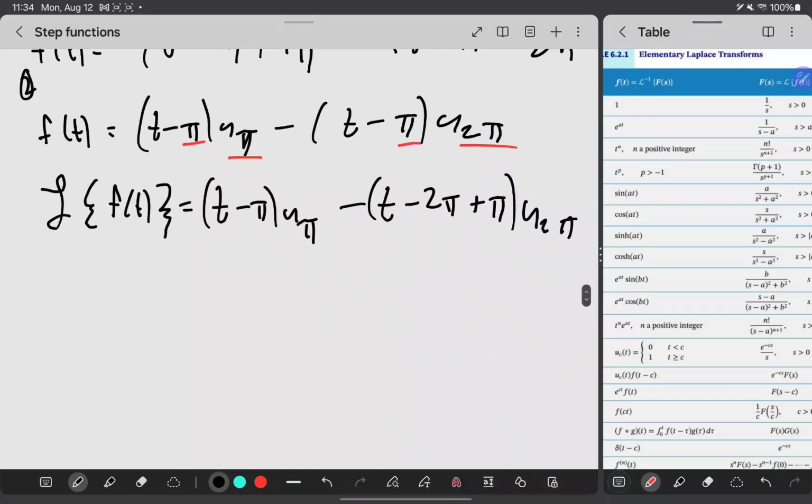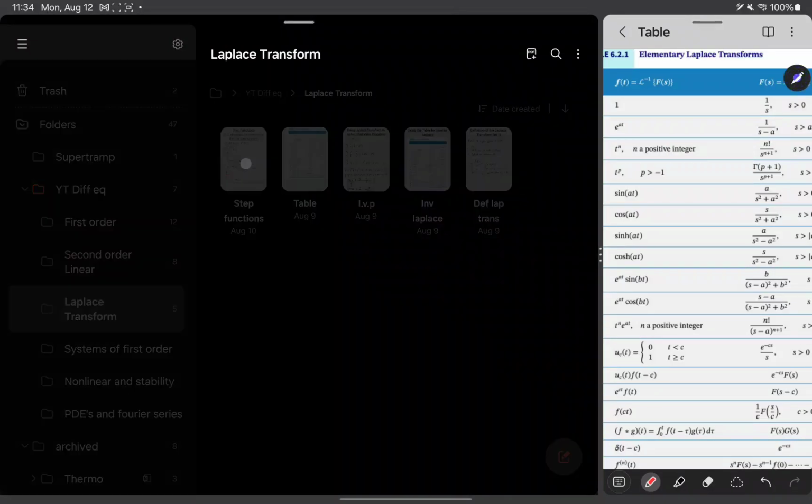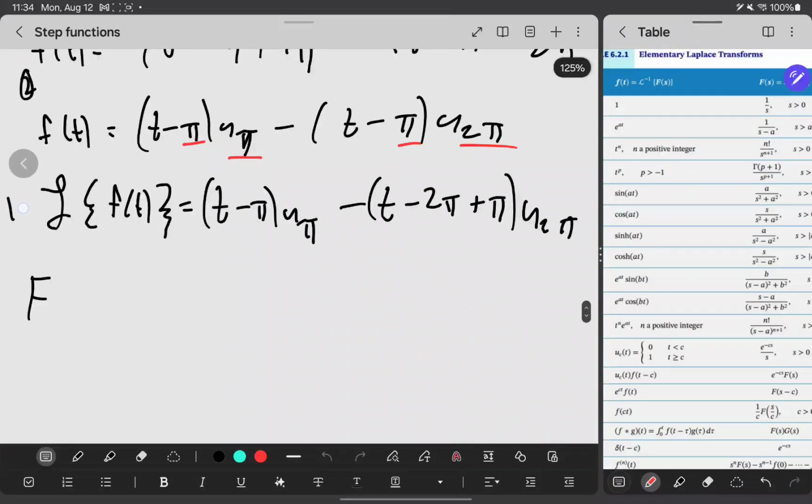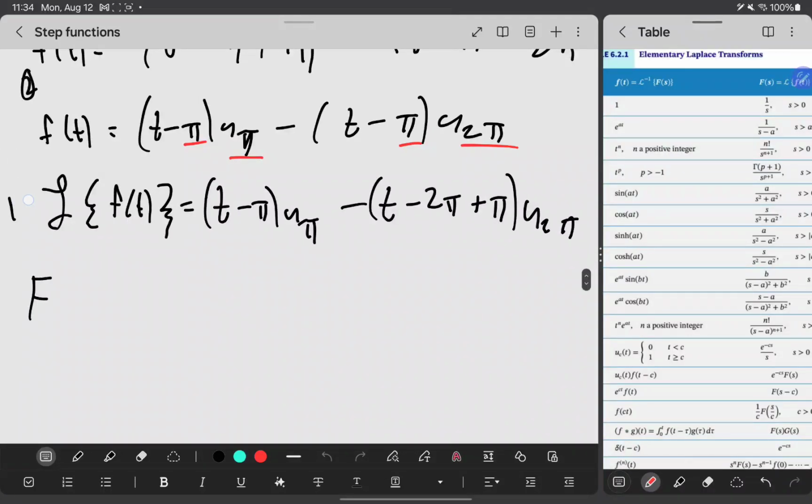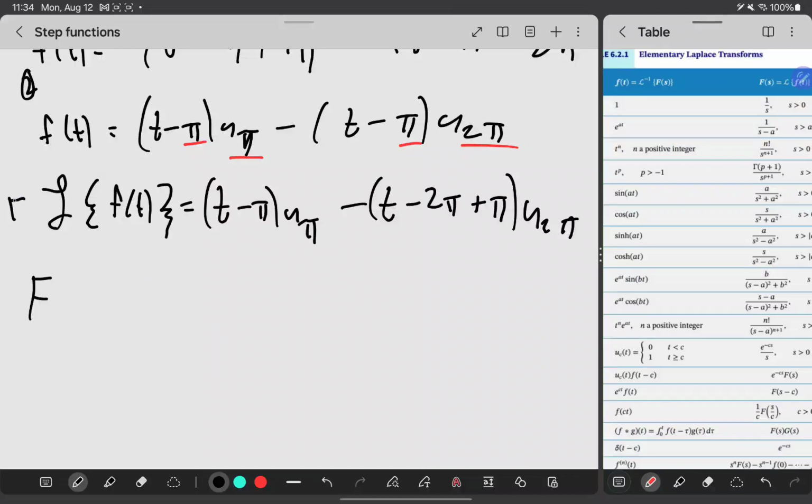So now we're going to go ahead and rewrite that again. And I'm going to call this f of s is equal to t minus pi u of pi minus, we can group these together.